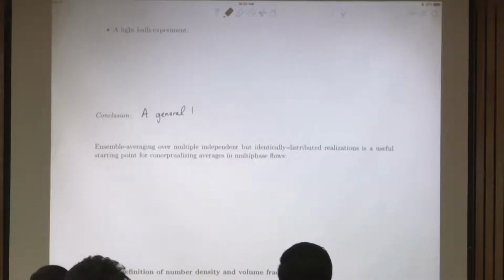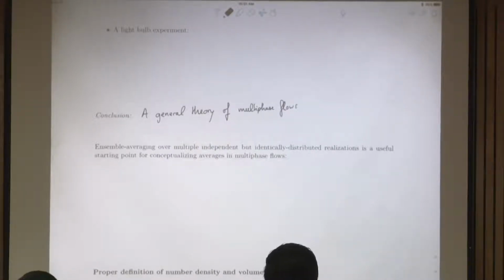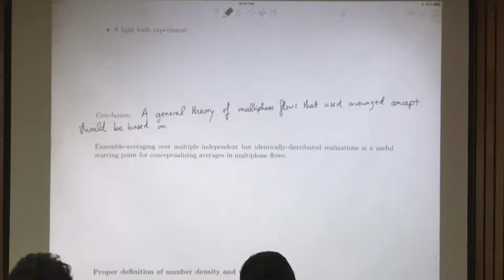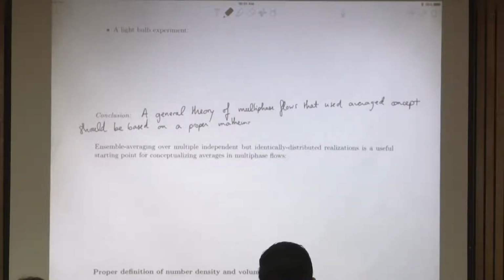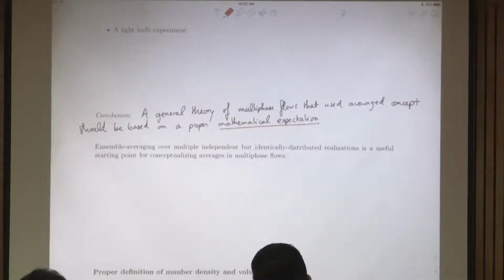So a general theory of multiphase flows that uses average concepts should be based on a proper mathematical expectation. This is what will require the fewest number of assumptions.